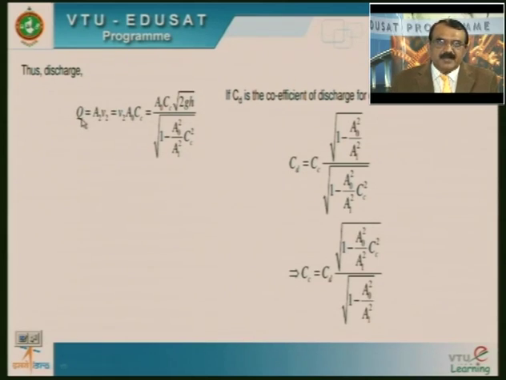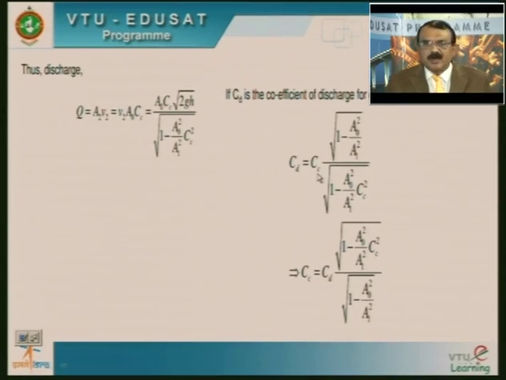I repeat, the discharge through the orifice meter is given by A0, the area of the orifice, into the coefficient of contraction into root of 2gh divided by 1 minus A0 square divided by A1 square into Cc square, whole thing under root. Again I repeat, I am going to talk about the relation between coefficient of discharge and coefficient of contraction when I talk about the orifice and mouthpiece. I hope I am clear.